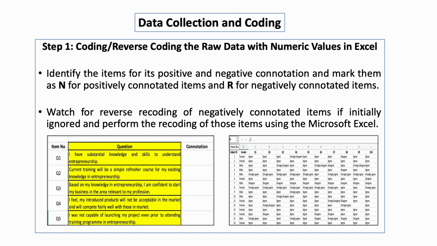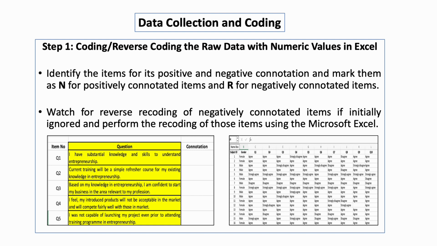So here, if you look on the left-hand side in yellow, those are the questionnaire items, and on the right side are the responses in a pilot study. For data collection and coding, step 1 is, before you do the coding to change it into numbers, from qualitative data you make it quantitative data.